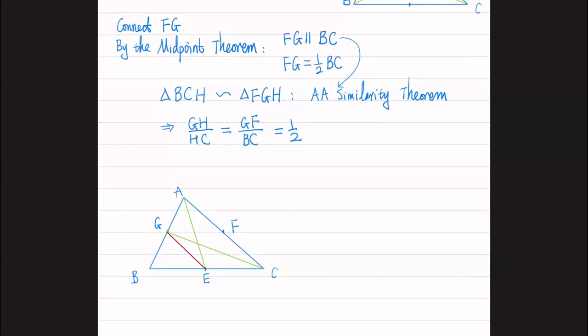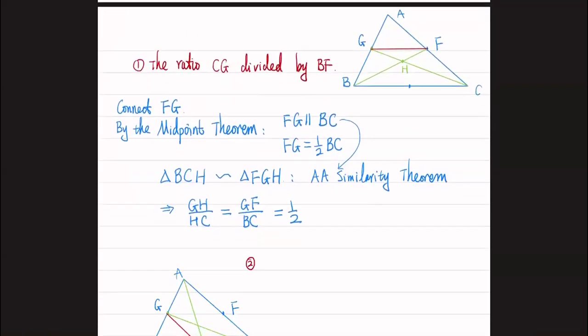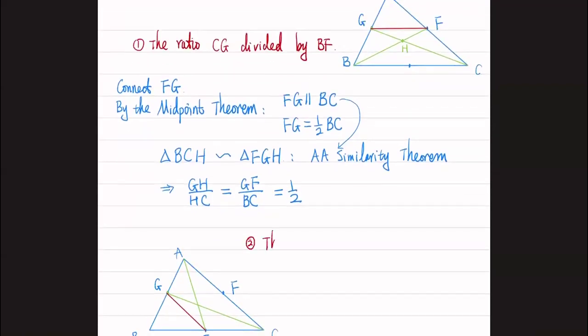So the second step, we want to find the ratio divided by AE.